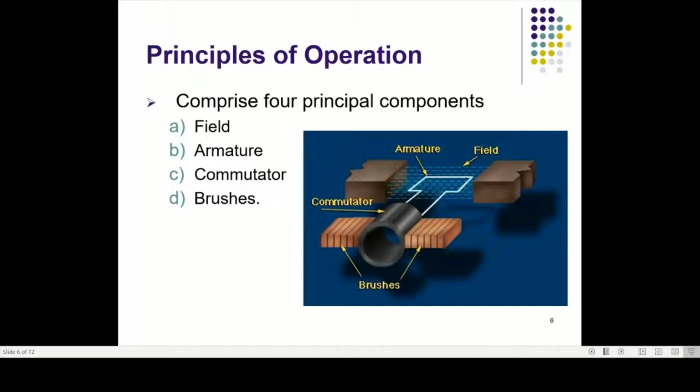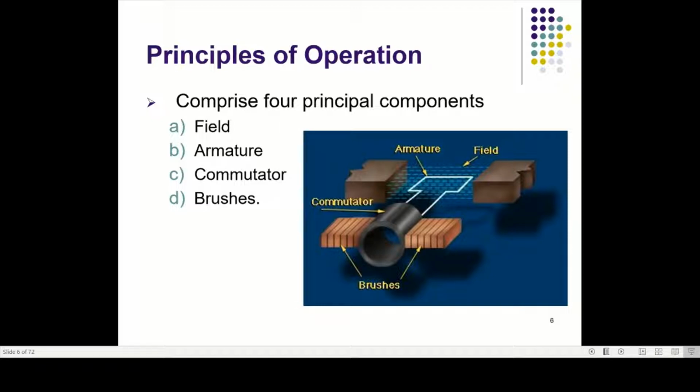Okay, next, the DC motor comprises four principal components. The basic working principle of a DC motor is whenever a current carrying conductor is placed in magnetic field, it experiences a mechanical force. And when armature windings are connected to a DC supply and electric current sets up in the windings.